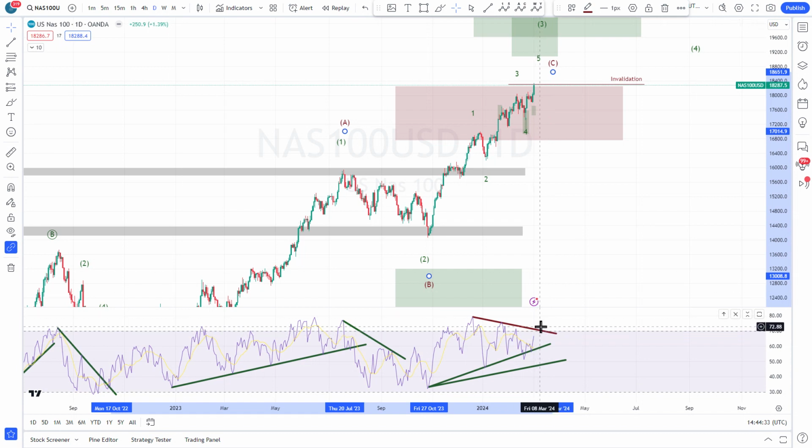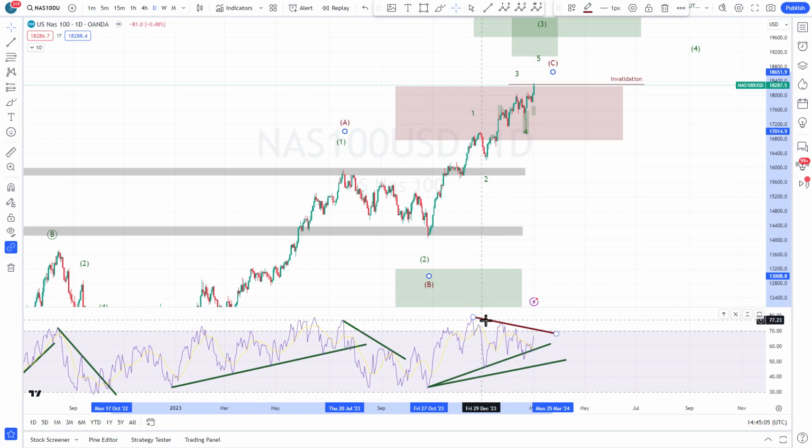But what would be my invalidation level for the bearish scenario here is taking out the wave 3 of 3 RSI reading, because if this would happen, okay, maybe the wave 1, as this was the strongest RSI reading and the longest wave, we could also consider this RSI reading here.